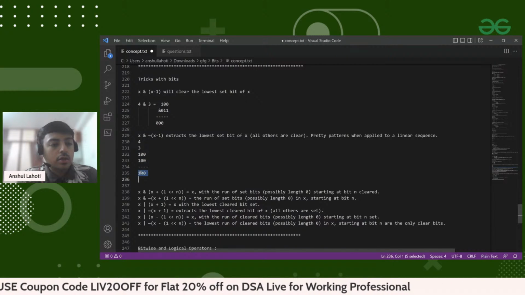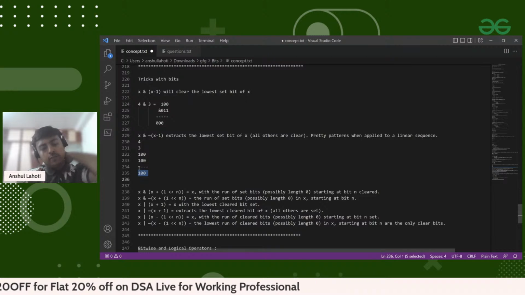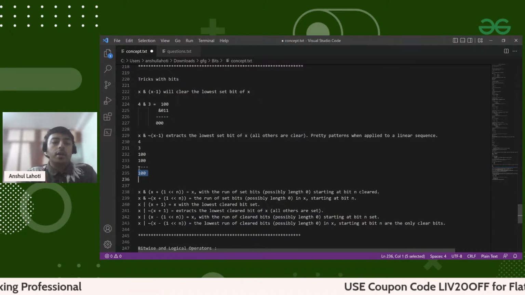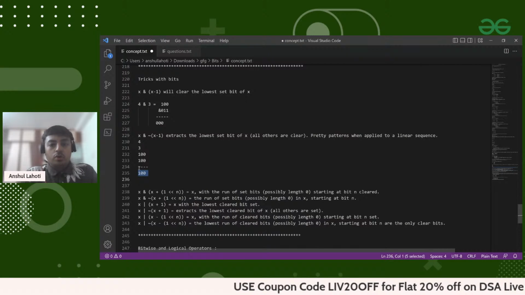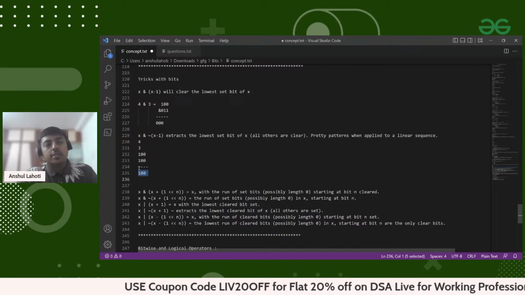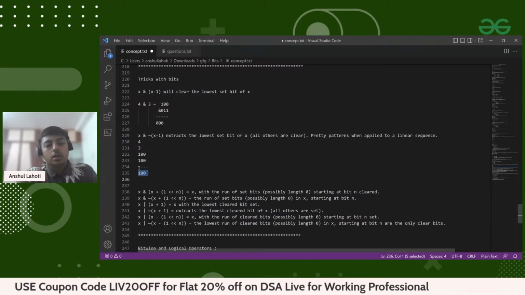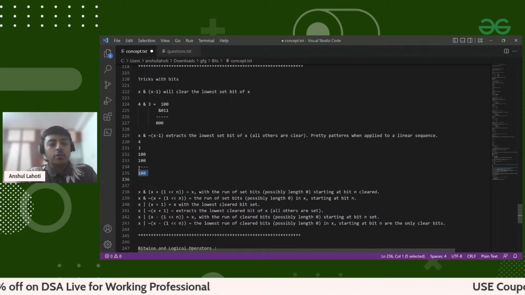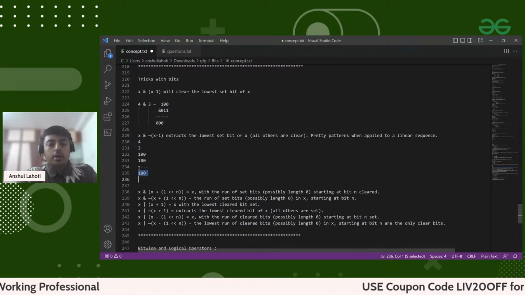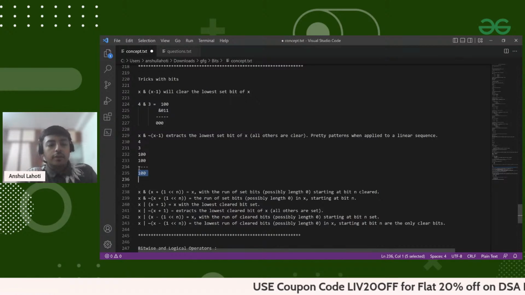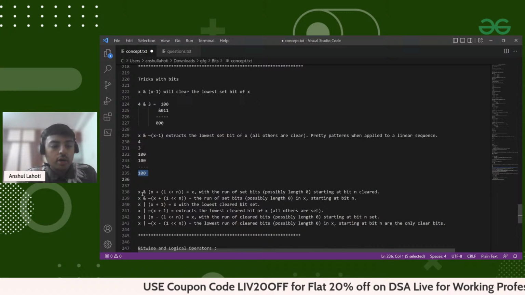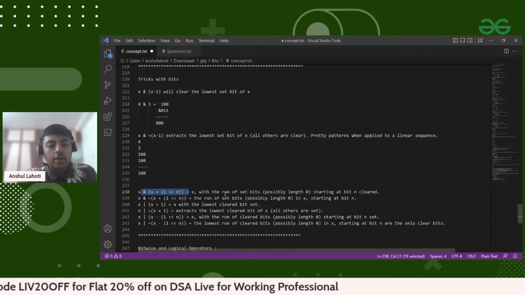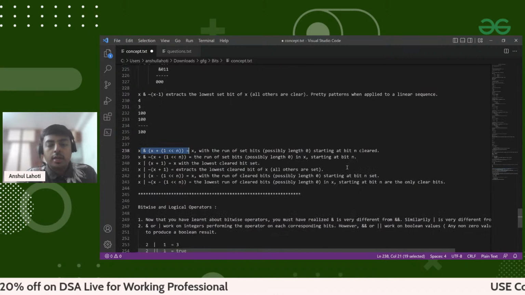That is how someone will ask you a question, given a big number like say 200, to find the first set bit of that number. What you will do is take the NOT of that and find out what the first set bit of that number is. Similarly, this expression will give you x with the run of set bits starting at bit n cleared.